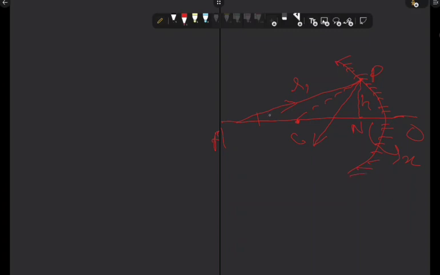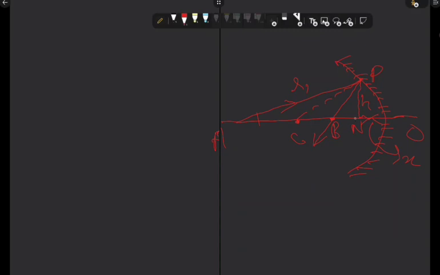So in this case, the light ray AP comes over here and gets reflected to PB, where B is a point. I also consider a ray which goes from A to O and then back from O to A. It will retrace its path, because it is coming normally to the mirror.